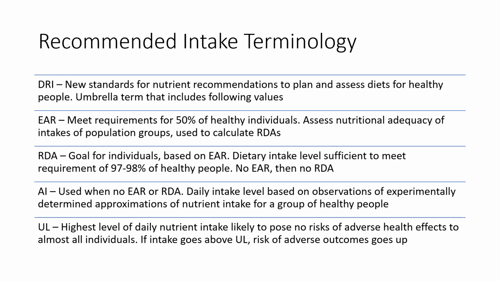Finally, we have our AMDR, which is going to be our acceptable macronutrient distribution range. This is a range of intake for a specific energy source, and it's often associated with reduced risks of chronic diseases and essential nutrients. So this is a value that helps keep us within an acceptable macronutrient range.